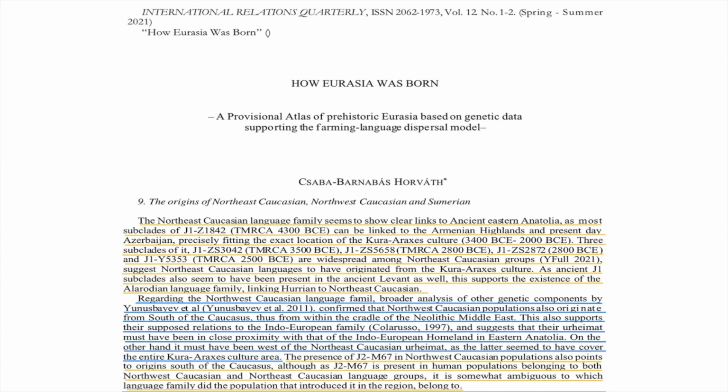This supports the existence of the Alarodian language family, linking Hurrian to Northeast Caucasian. So we see a link between Caucasian languages and haplogroup J, specifically Northeast Caucasian, specifically core Araxes and Hurrian.